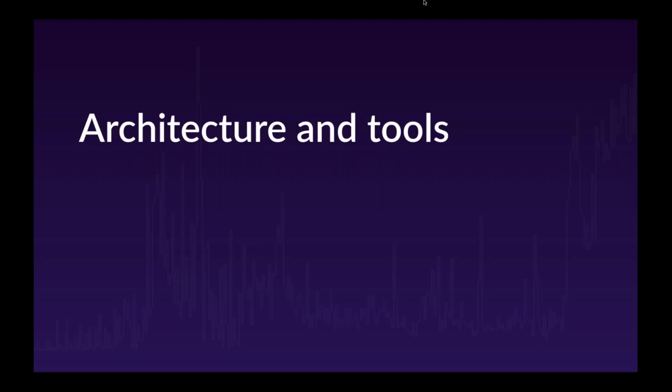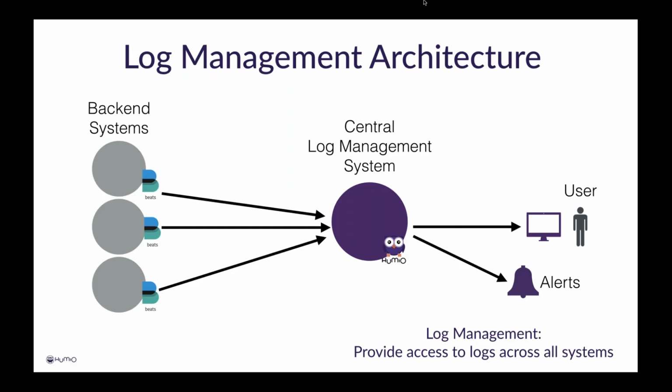So when I talk about logging and log management, what is the overall architecture for a system like this? The basics is that you have a set of backend systems. Then on each backend system, you install a log agent or a set of log agents that will take the logs found in the backend systems or your applications and ship them to a central log management system where you can do centralized analysis across your whole infrastructure.